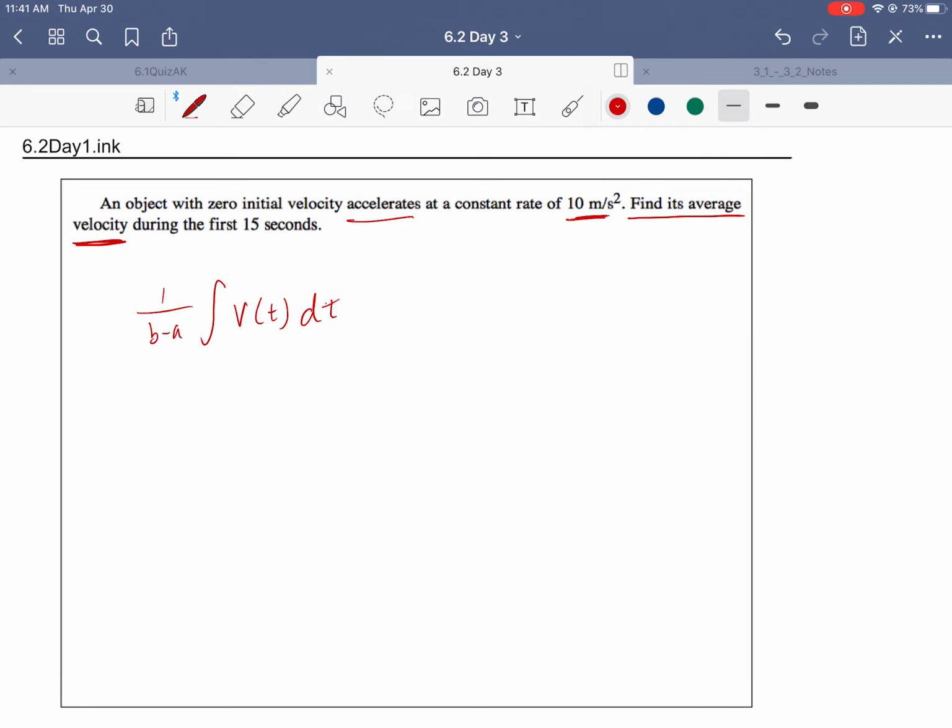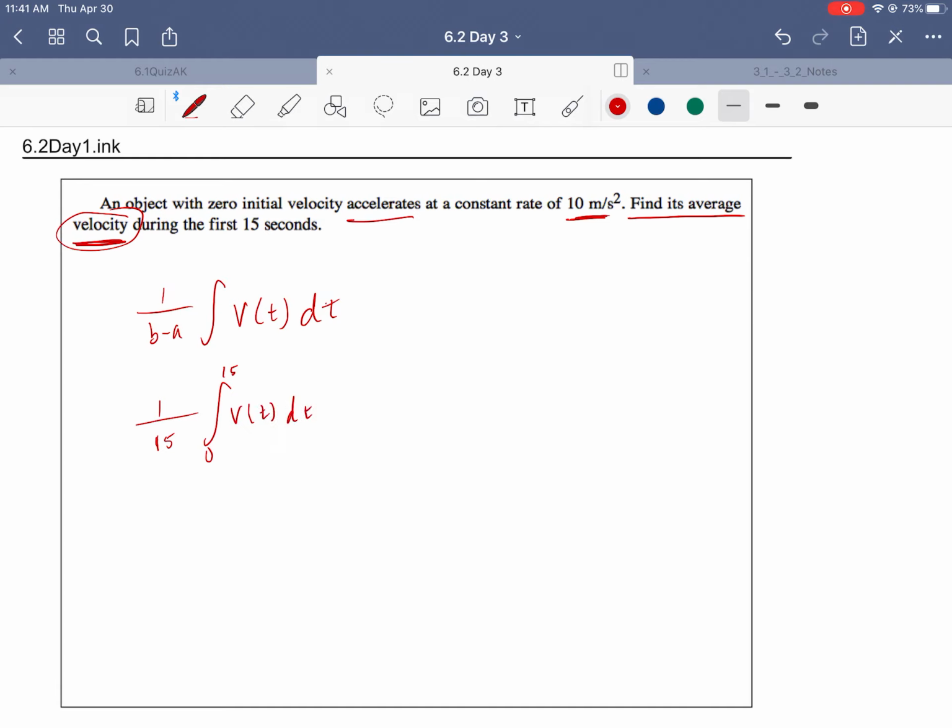Whatever value they want you to find the average of, that's the representing function that you need, during the first 15 seconds. So we're going to need 1 over 15 minus 0 from 0 to 15, and we need to figure out what that velocity function is.